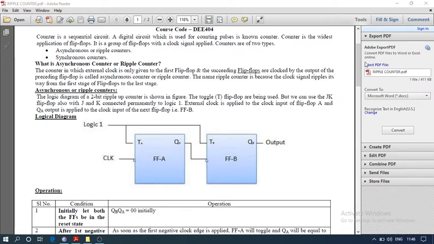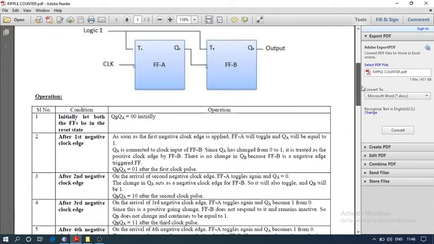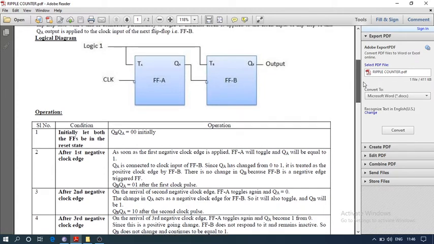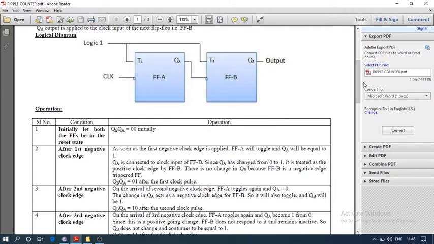So if we see the operation, initially let both flip-flops be reset, right? Here we haven't drawn the preset and set, so we have just assumed that both flip-flops are in reset condition. Then QA and QB are initially 0.